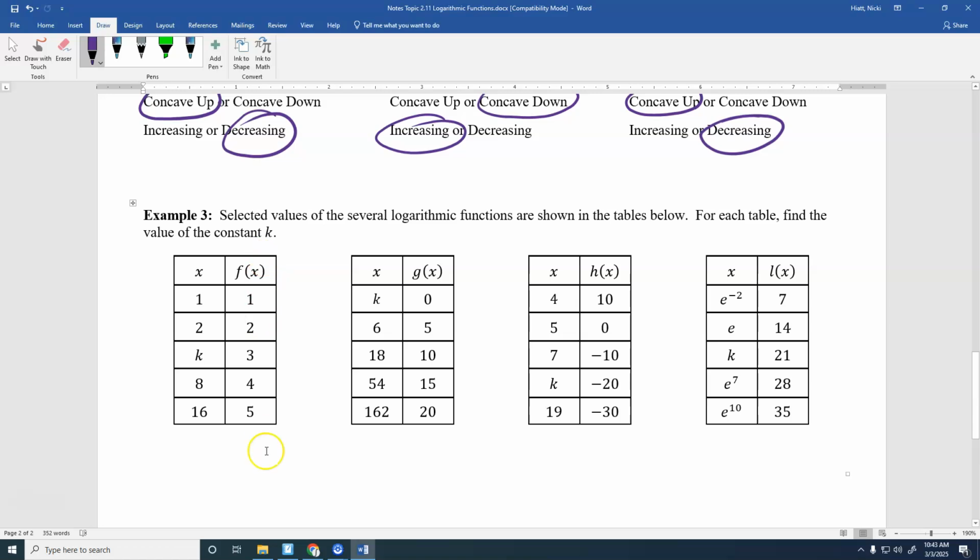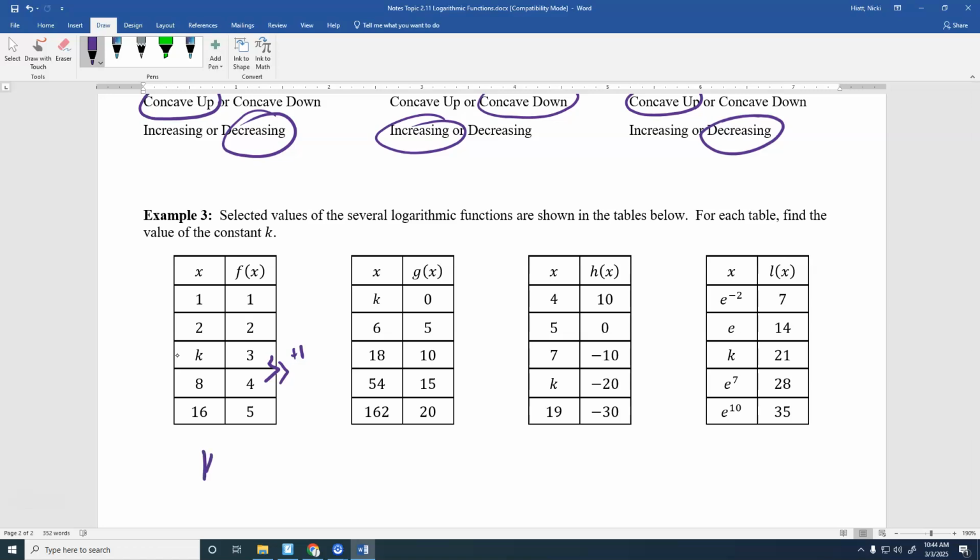So the first thing we want to check here is to make sure that our y values are in fact going up. Oh, this is one of those ones where it does crazy stuff. All right, so these are in fact going up by 1 over here. What's happening to our x values? Times 2. So 1 times 2 is 2. 2 times 2 is 4.